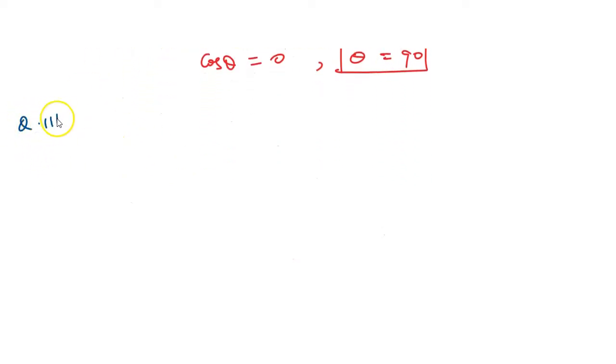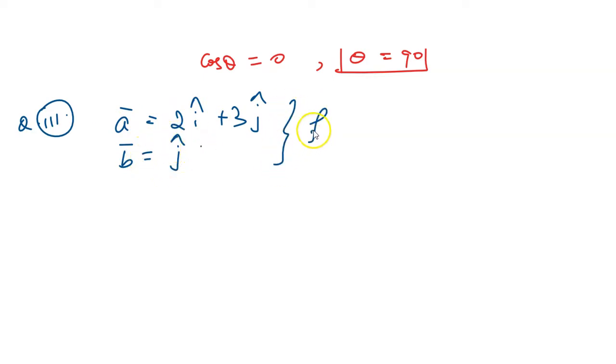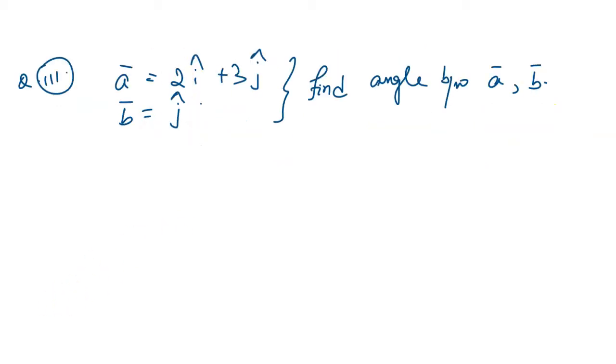The last question on vectors. Let us suppose A vector is say 2i plus 3j and B vector is j cap. Now in this case, we have to find the angle between A vector and B vector. We will again use the concept of the dot product here.